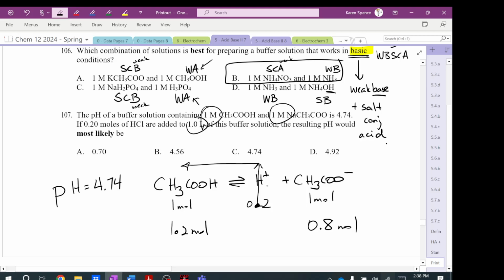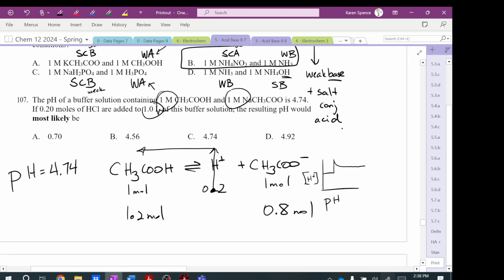My hydrogen ion concentration is going to go up, right? And it's going to go back down, but it's still going to be higher than it was before, which means my pH is going to be slightly lower.